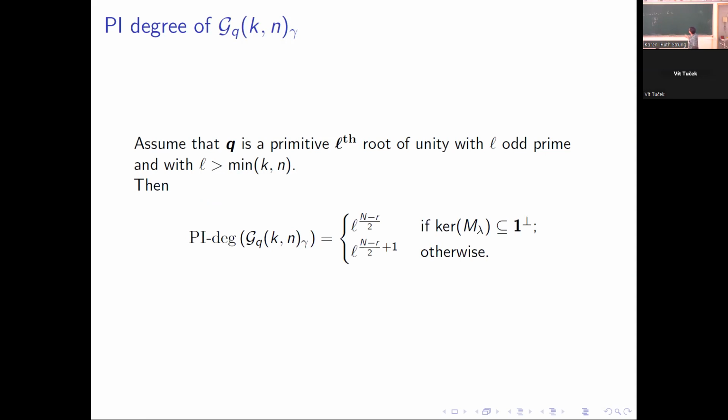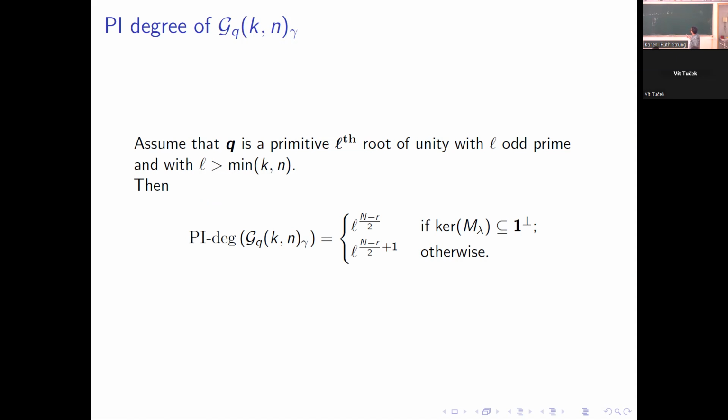And it depends very much on whether the kernel of your matrix, your affine matrix, is contained in the orthogonal of the vector with just ones. If this is the case, then the PI degree doesn't change. If not, then it's increasing by a factor of L.